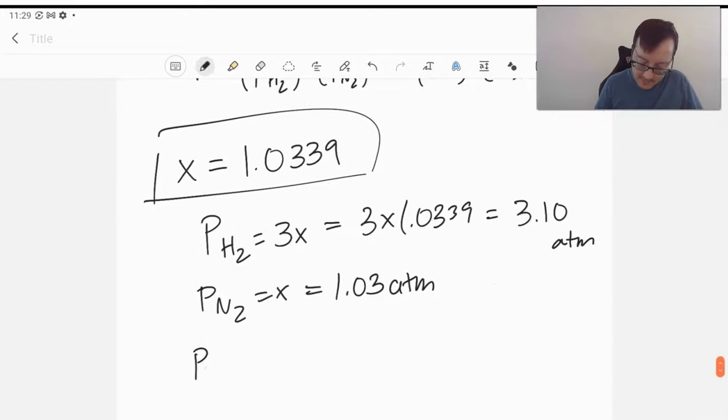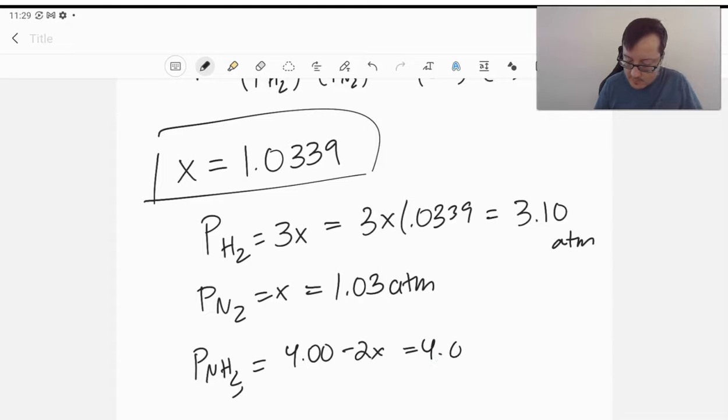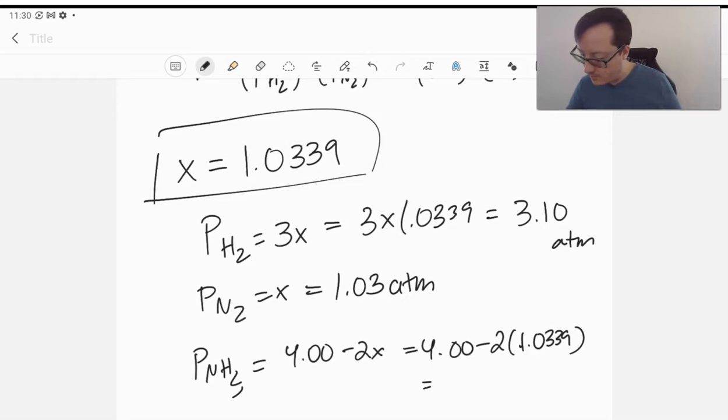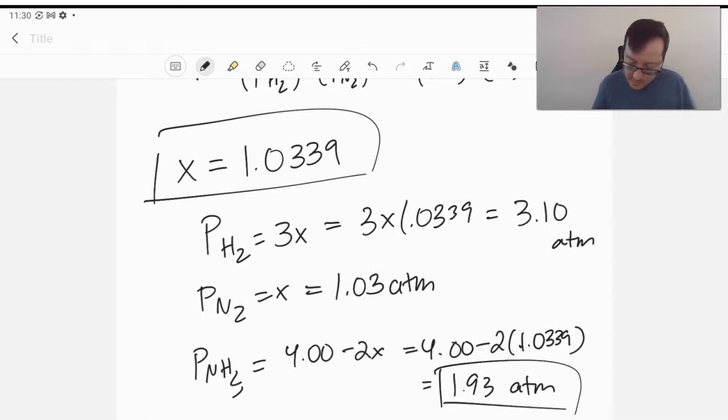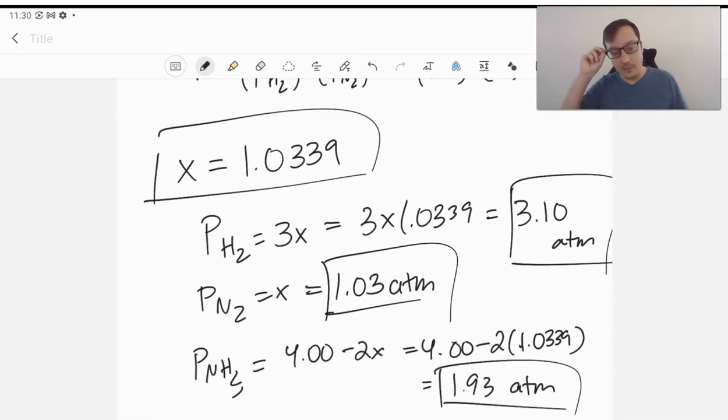And then the ammonia was 4 minus 2x, so 4 minus 2 times 1.0339, which will equal 1.93 atmospheres.